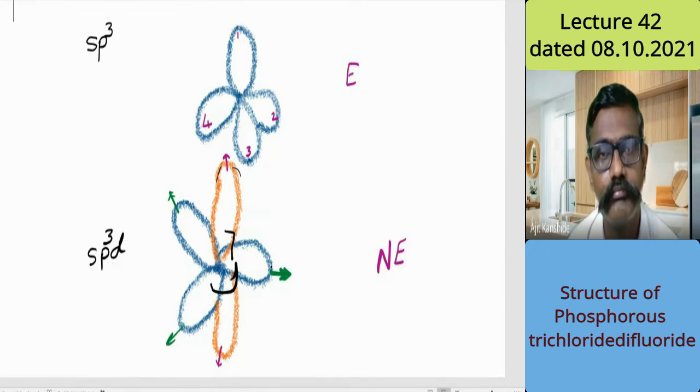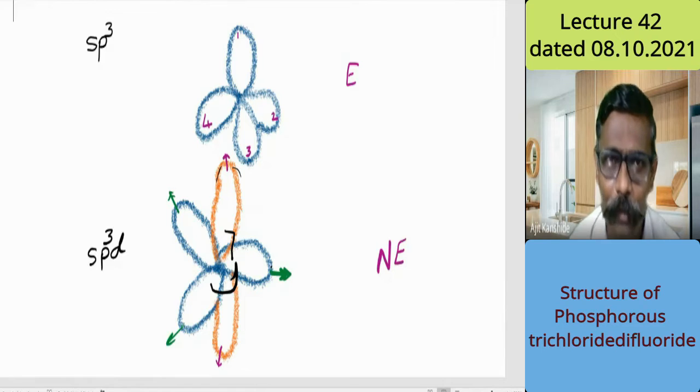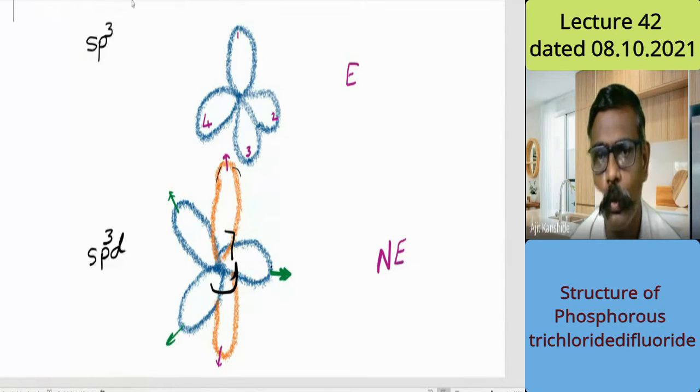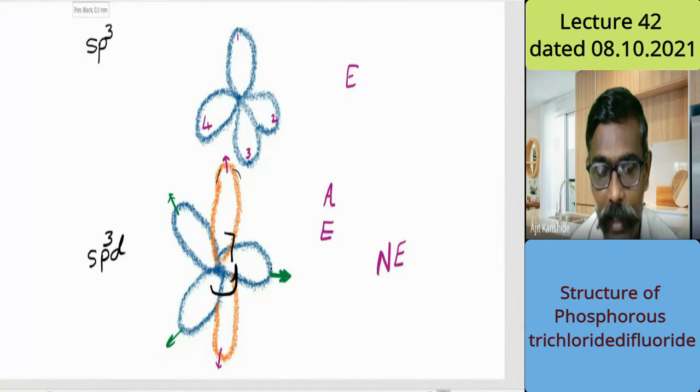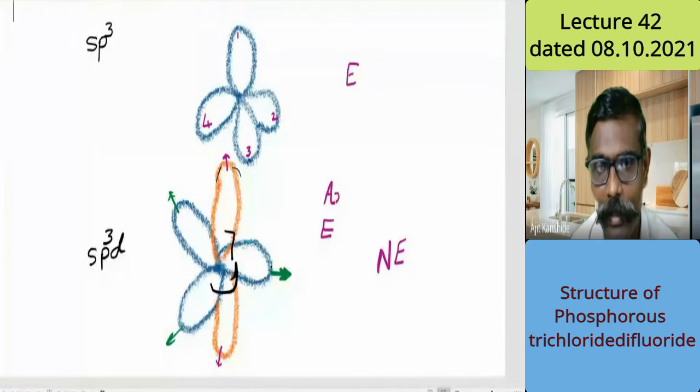Which are those? What is the difference between these two positions? What is the label for that? I told you last time. One name starts with A, the other starts with E. Axial. Yes, one is axial, and the other is equatorial. Brilliant.